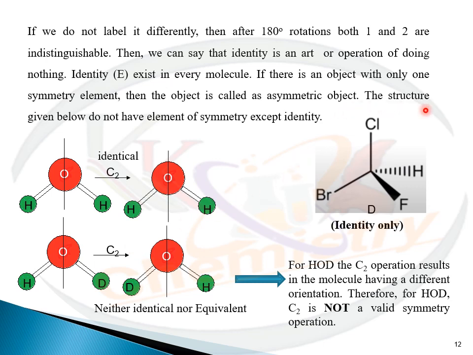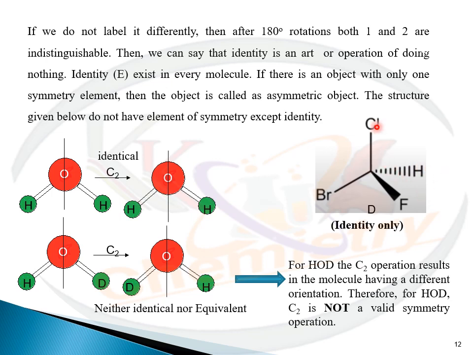There are some molecules where, as I have shared with you earlier, identity exists in every molecule and every object. If there is no identity, it means nothing exists. So in this molecule, you can see all the atoms are labeled differently.